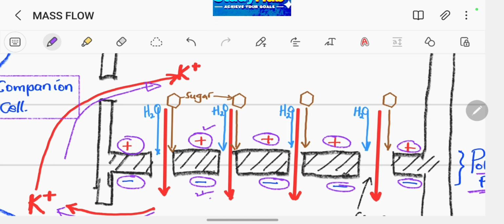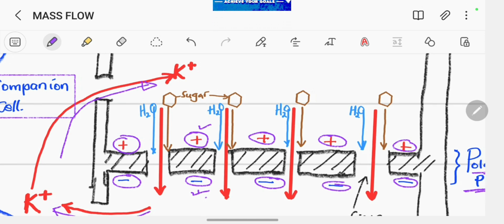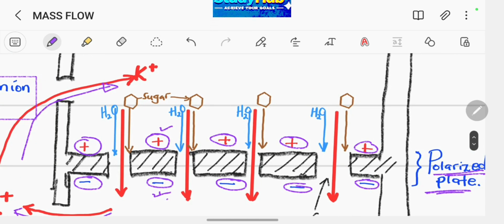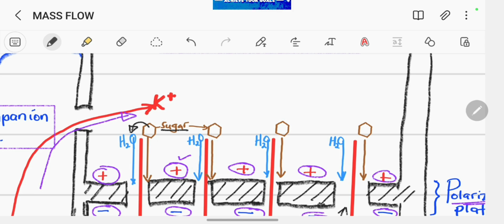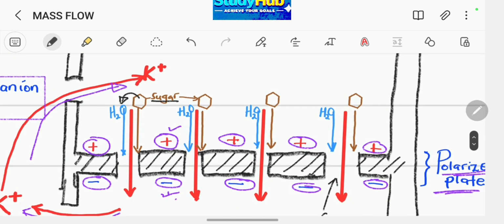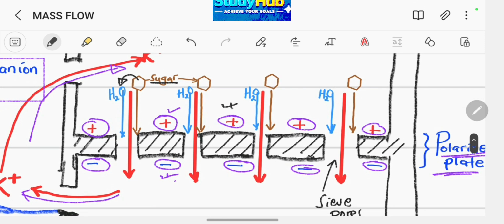Therefore, as the membrane gets polarized, water and the solutes that are within, when I talk of solutes, I'm talking about sugar and some ions within water, are going to start moving down from where the solution is positively charged to this side that has a negatively charged solution.